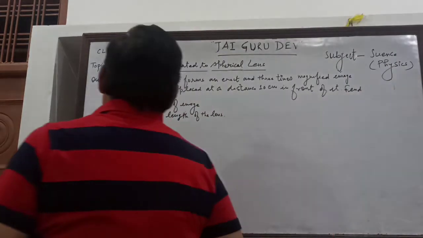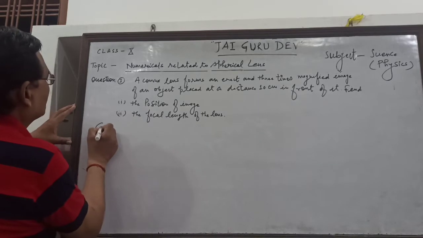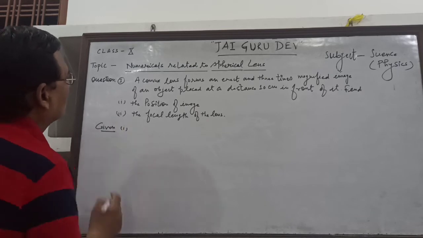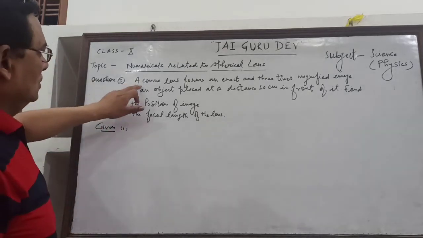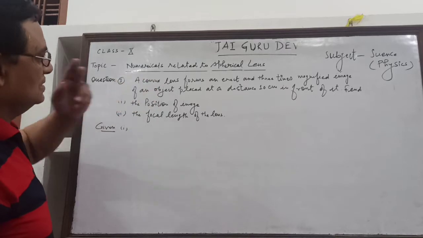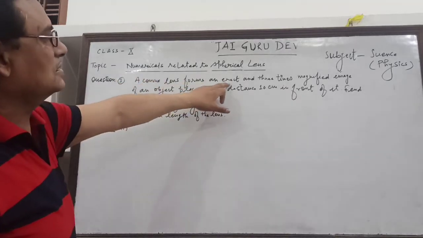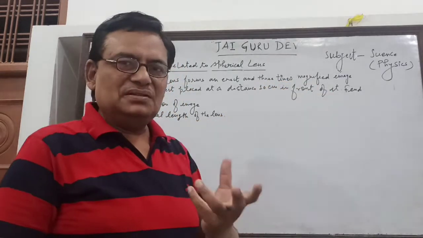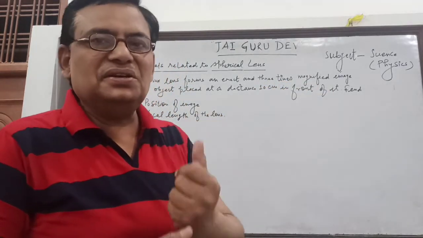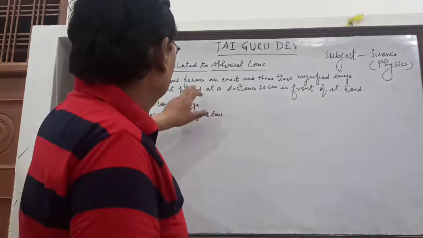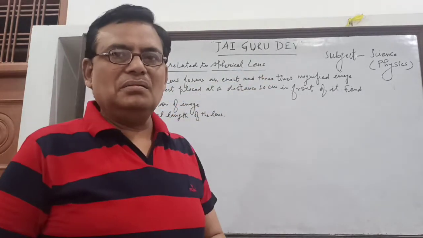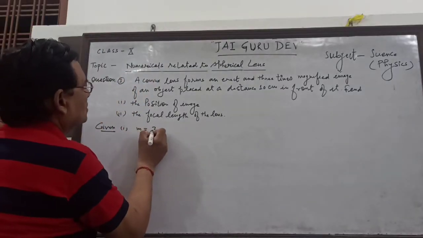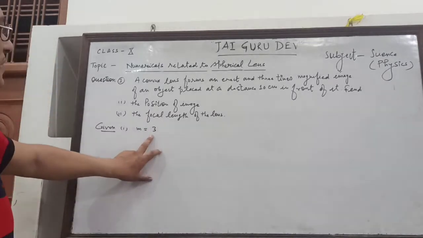Okay. Once again we write given. A convex lens forms an erect and 3 times magnified image. 3 times magnified means magnification is given, m. Erect means positive. So m is equal to plus 3.